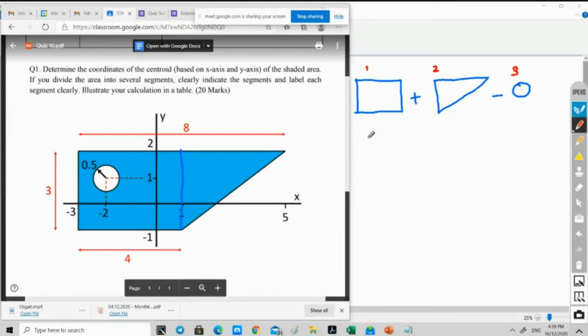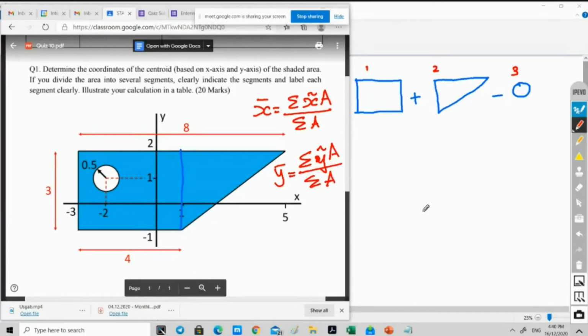Right. So in terms of the equation, it is just like the integration equation, but this is in terms of summation. So we have x bar equal to summation of x with a over summation of a, and then y bar equal to summation of y with a over summation of a.